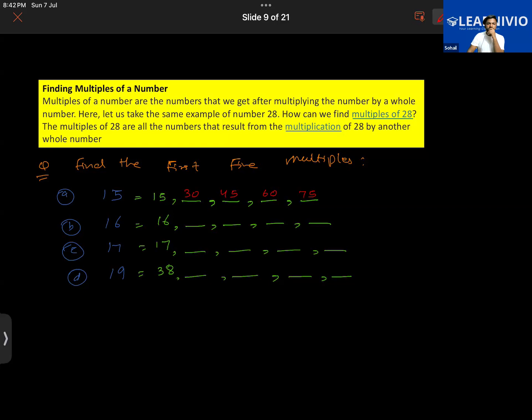Done. Then what are the multiples of 16? 16 ones are 16, then 32, 48, 64, and then 80. Good.